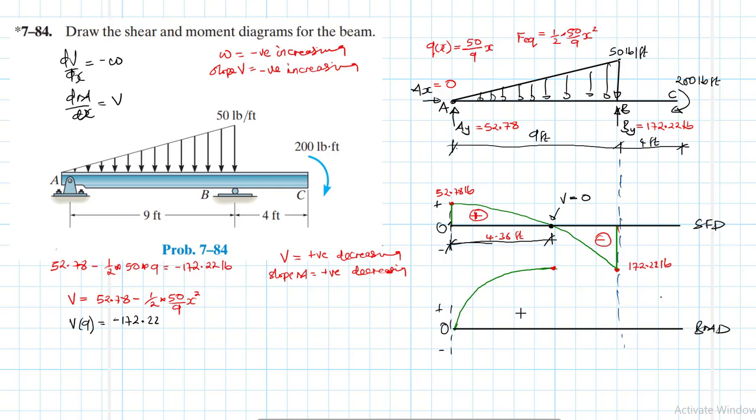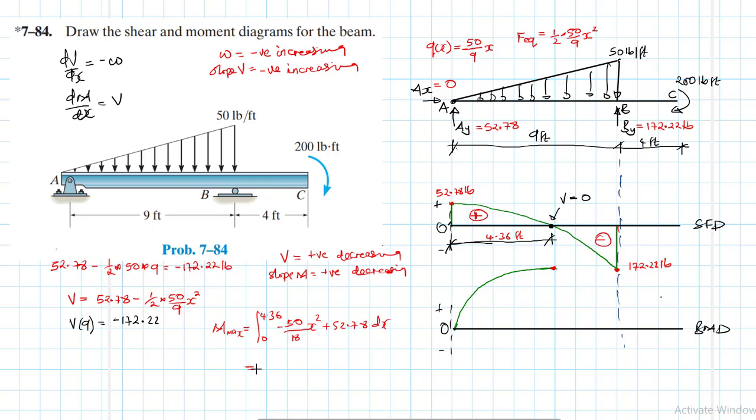Okay, and then for us to find this maximum value, we need to do the integration very quickly. So the maximum moment is equal to the integral from 0 to 4.36 of shear, which is minus 50, I multiply that in advance, 18x squared plus 52.78.